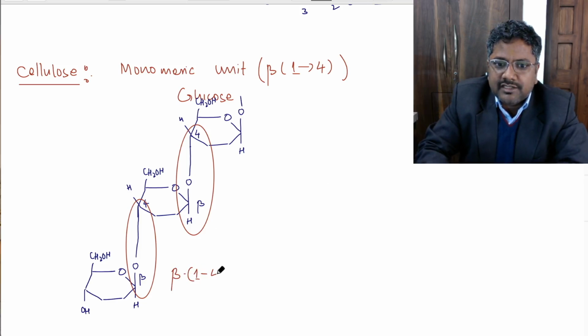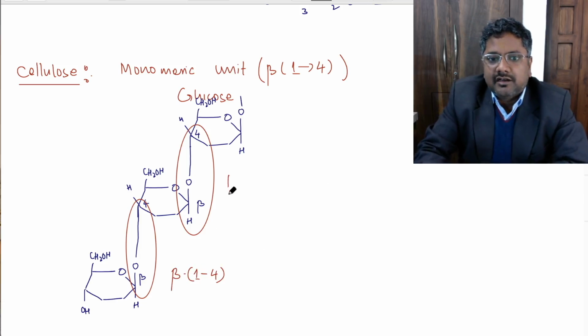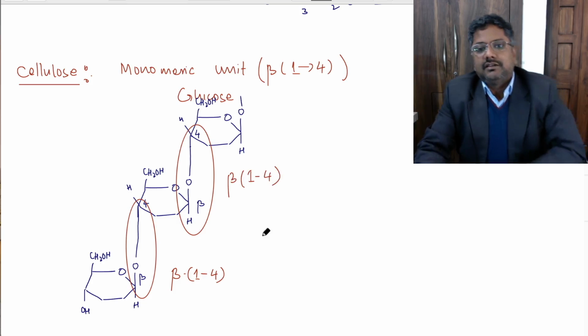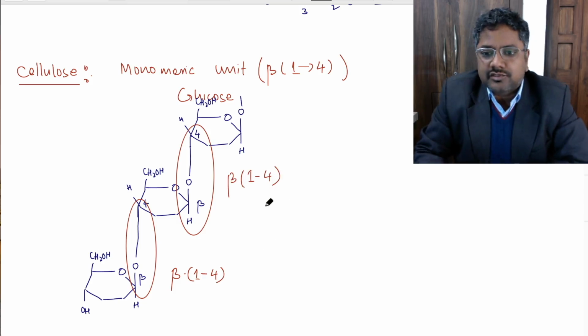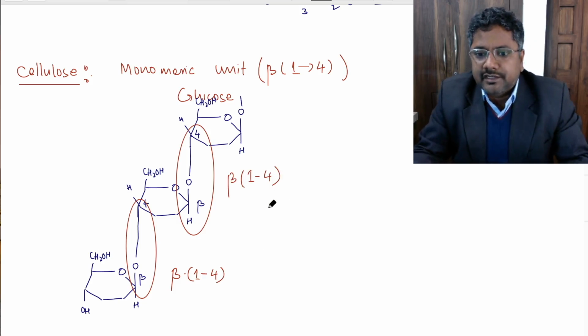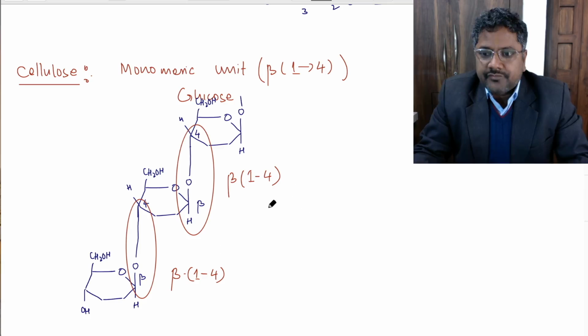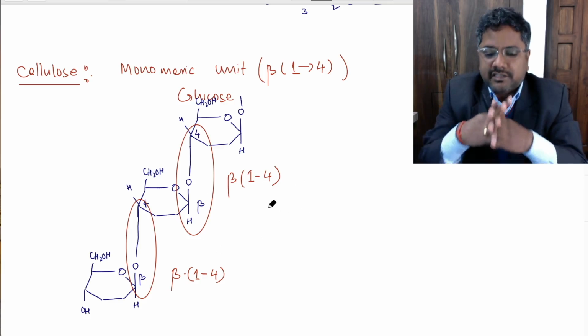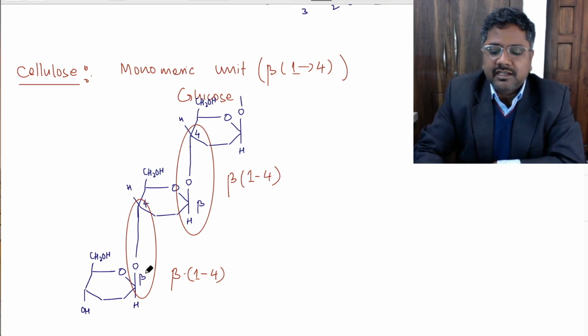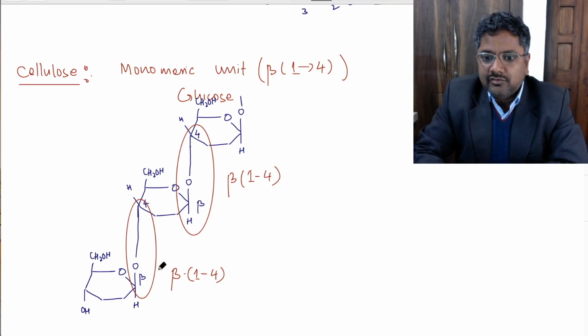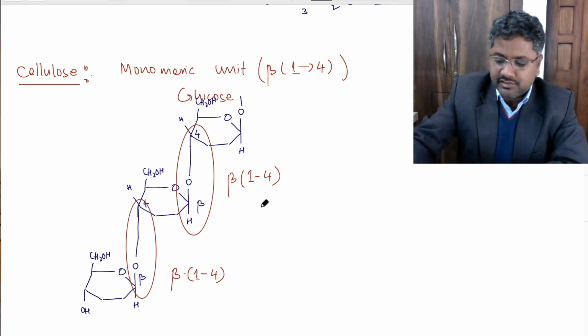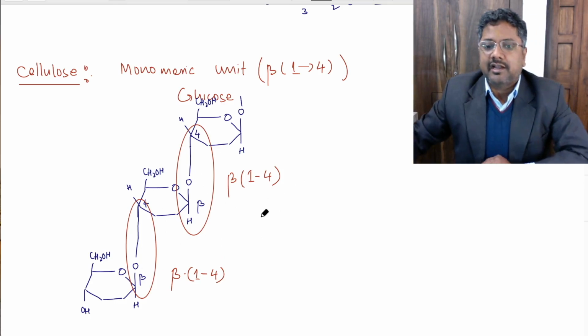In both cases the monomeric unit is glucose, so how are cellulose and starch different? They are different with respect to this linkage. How they are joined together is important, right? On the basis of this, you can differentiate. So these are very important questions. With this, your carbohydrate chapter is complete.